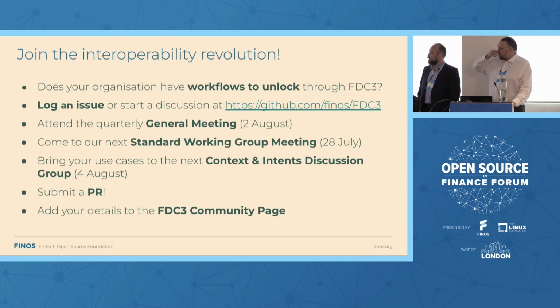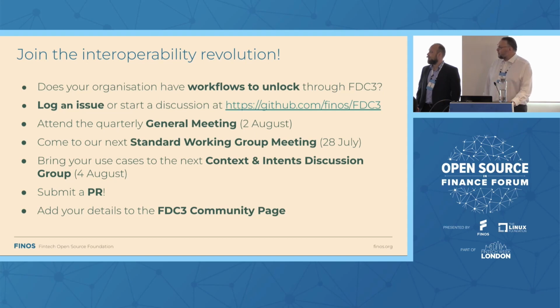Our quarterly general meeting is on the 2nd of August. If you want to dip your toes in, that's a great place to start. That's usually where people come and show demos and talk about what's going on at a high level, without you being asked to actually do something. So if you just want to come and find out, that's a great place to do so.